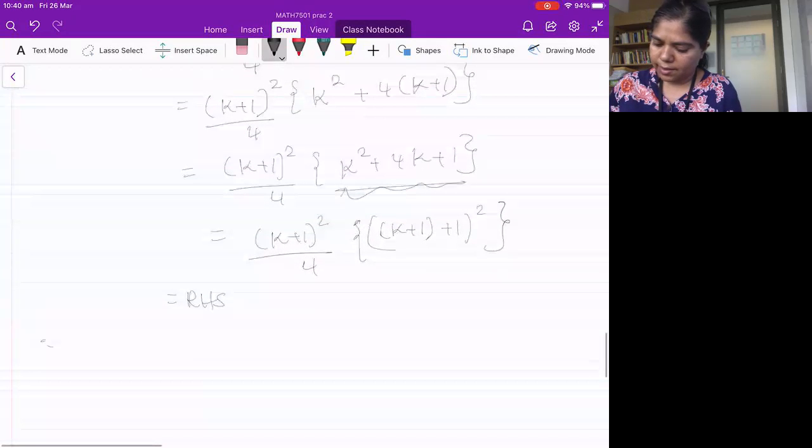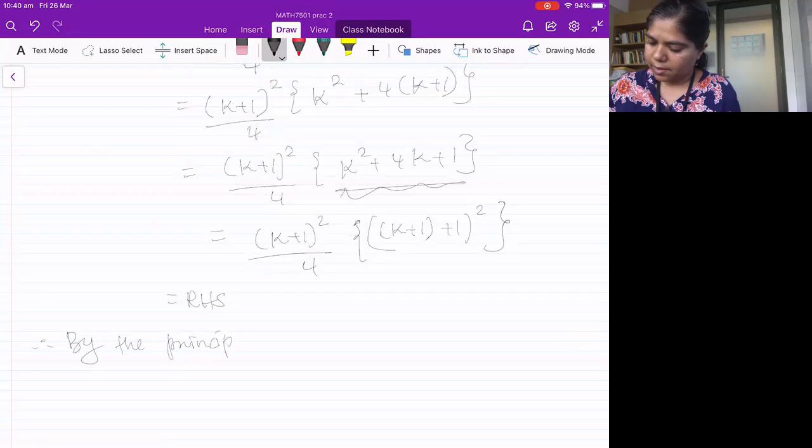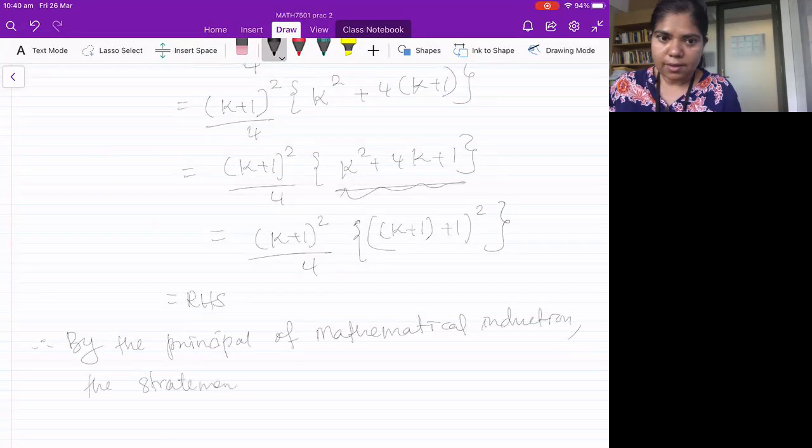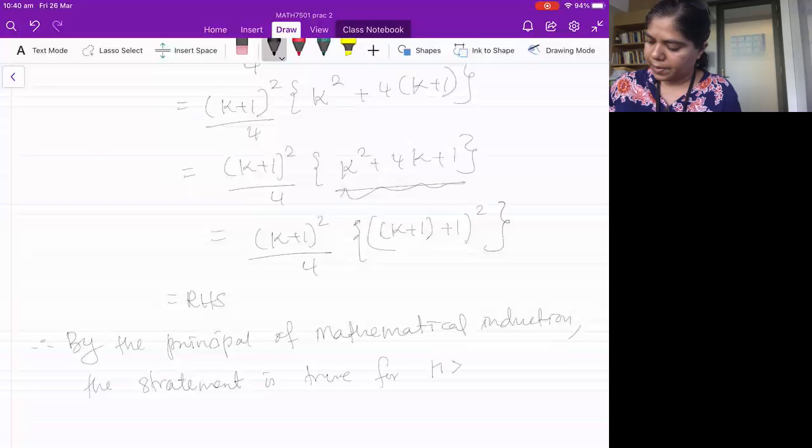Then we can say, therefore, by the principle of mathematical induction, this is true for all n.